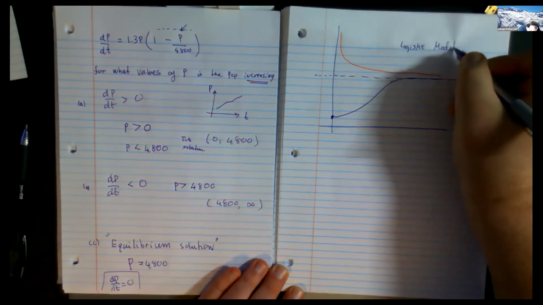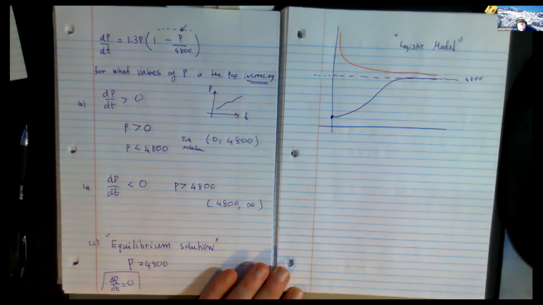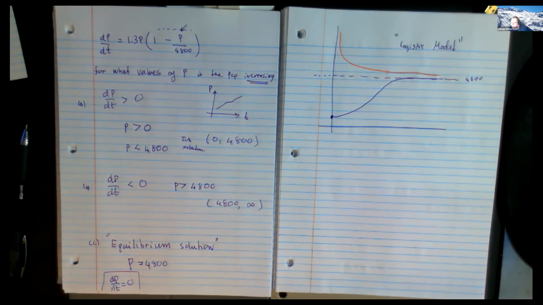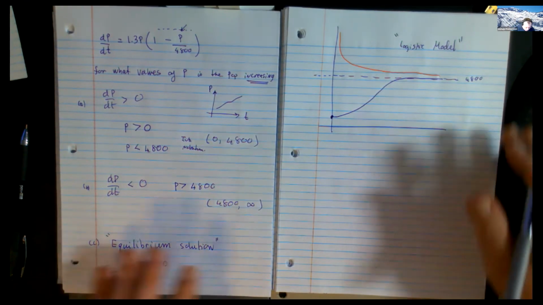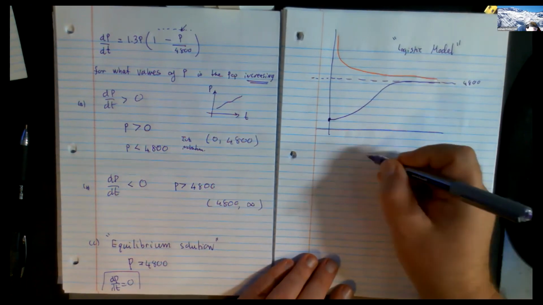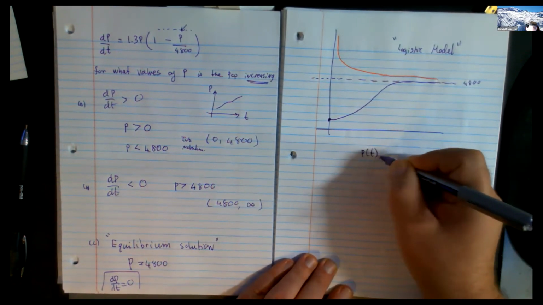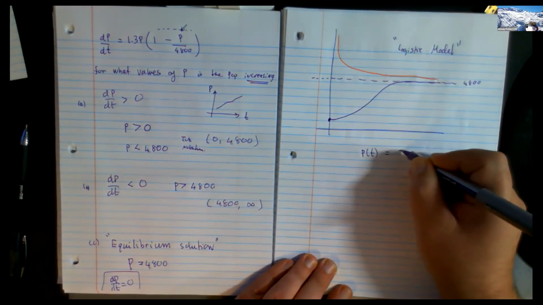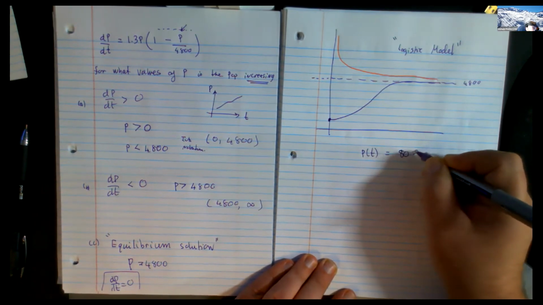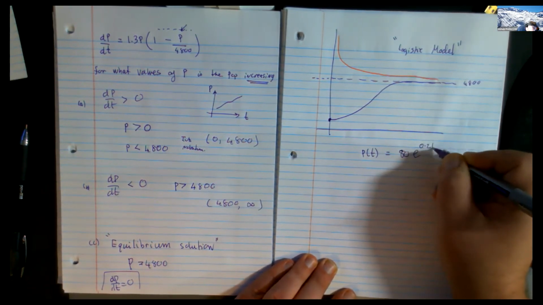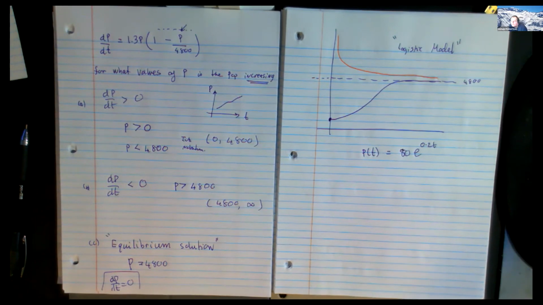It's actually the model that is used for population growth of almost anything, if you want a relatively simple population growth model. To remind you, remember 141 and having population growth models that look like that?